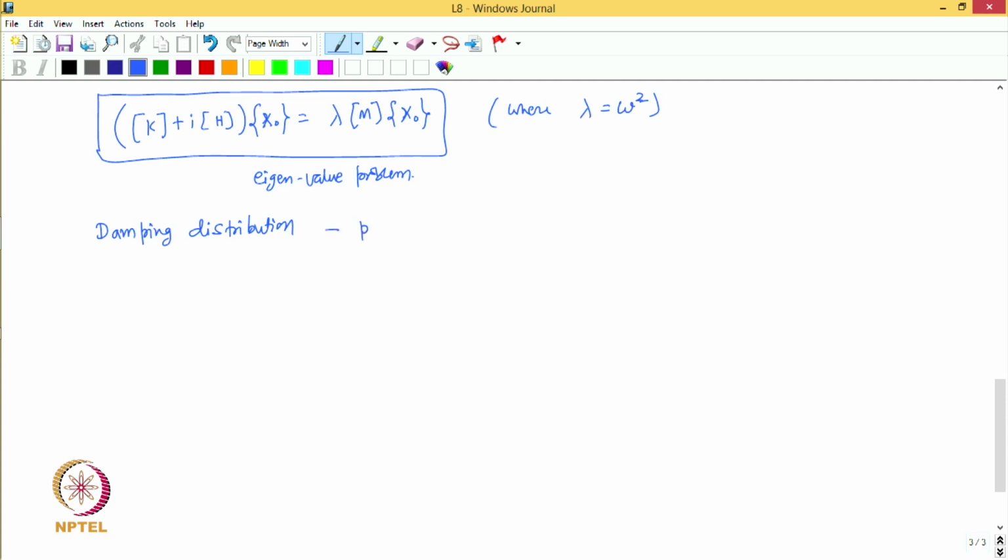One is what is called proportional damping, and the other is non-proportional damping. Right. So, we will consider both of them. Let us first of all take proportional damping.